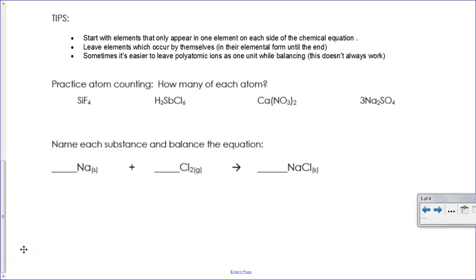Going on to the next section of your notes, I've given you a few tips that will help you in terms of balancing things. Some reactions can be really complicated, so what you're going to want to do is start by balancing the elements which are only in one compound on each side of the equation.